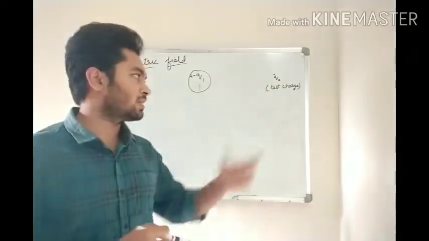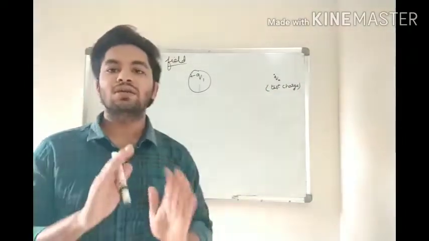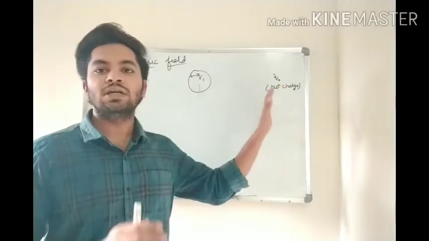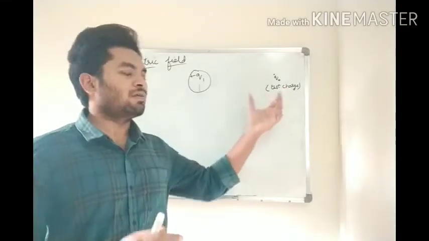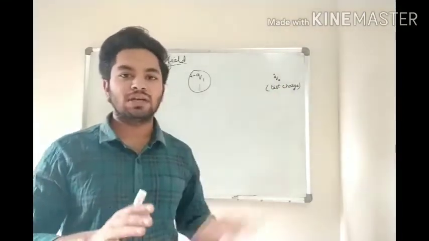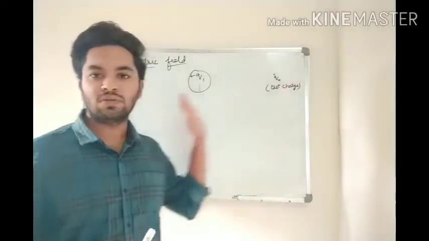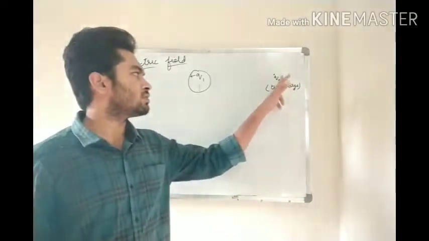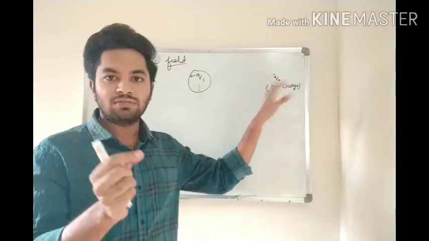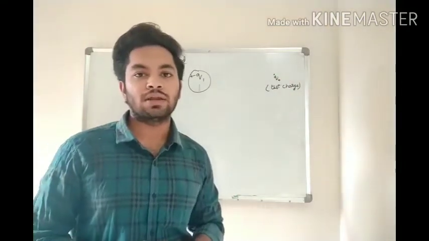Why is it called a test charge? This is just a theoretical value which is used to derive some theories. Just to understand the concept, we are using a small charge q0. Clear? Okay.